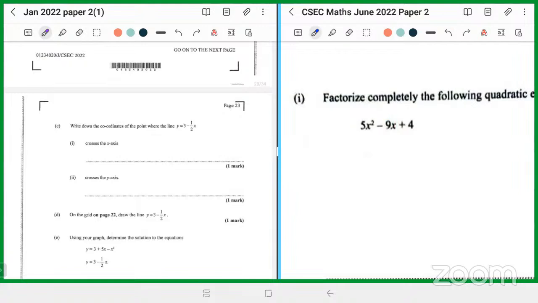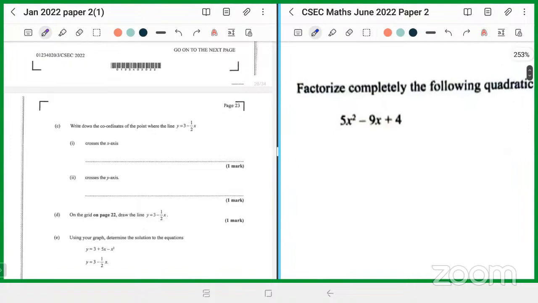Let's just remind ourselves of some of the things. Now remember, provided that the square term is positive, when the last value is positive as it is here, it means that the 2 signs in the bracket are the same. I want to do the 2 brackets like this to factorize this.